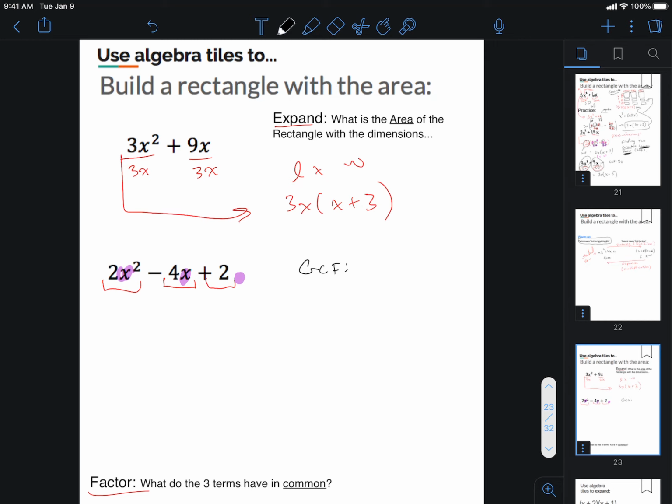But it will have a number because it looks like all 3 of these can be divided by 2. I can't divide them all by 2x because there's no x here to divide by. So you don't include it. You can only divide by 2. So our greatest common factor is 2. When we do that, we can say 2 out front, and then we get x squared minus 2x plus 1.